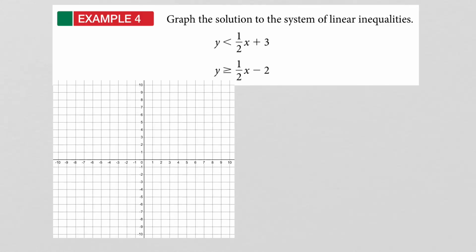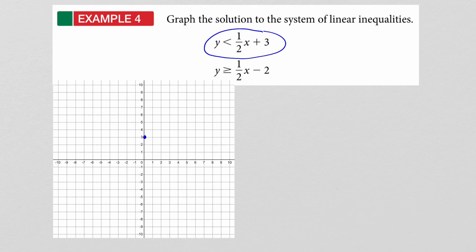Now let's consider a system of linear inequalities. And this basically just means we have more than one linear inequality. So first, let's just consider each of these separately. We have y is less than 1/2 x plus 3. So let's go ahead and graph the line y equals 1/2 x plus 3.